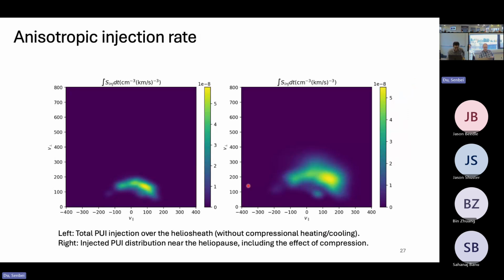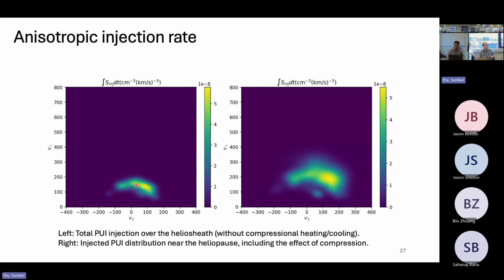So after doing that, we can get this, which is the anisotropic injection rate in V parallel in the horizontal direction and V perp in the vertical direction. And we see that the injection is stronger near the perpendicular direction.